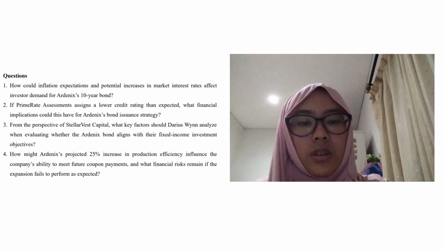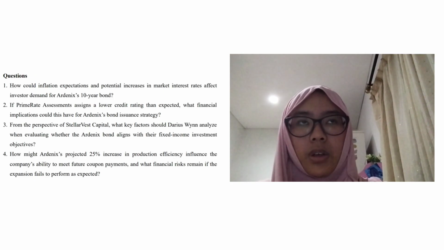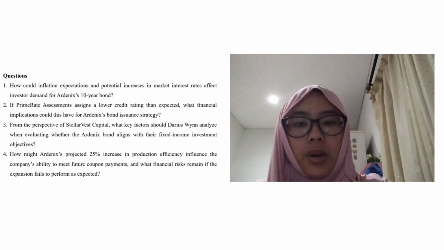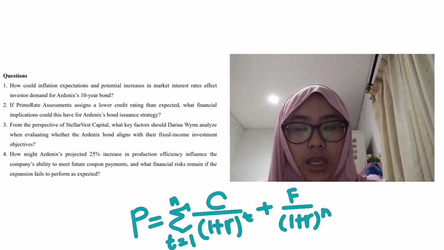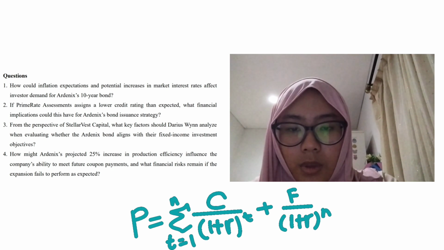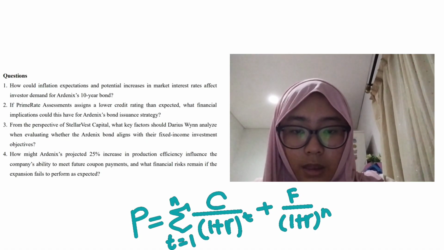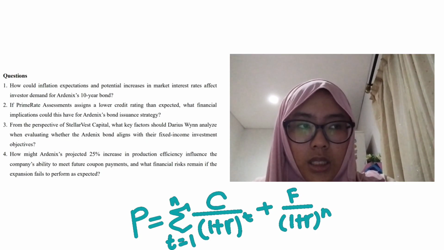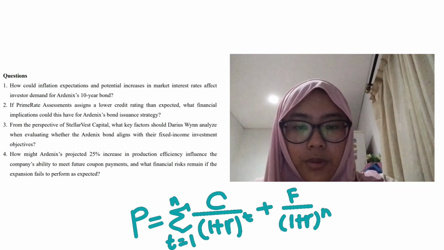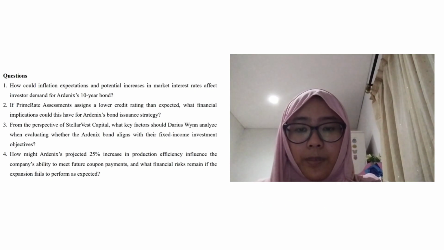So now let's assume the market yield, or the R, rises to 8%. That means 4% semi-annually due to inflation, right? So we use the bond pricing formula, that is P equals the sum of C divided by (1 plus r) to the power t, plus F divided by (1 plus r) to the power n.